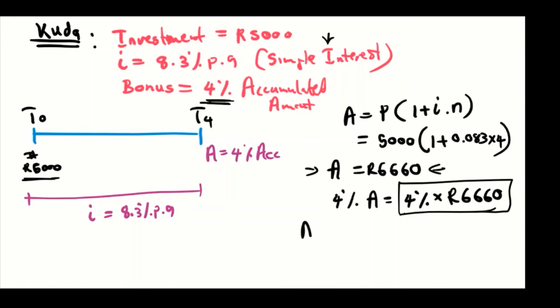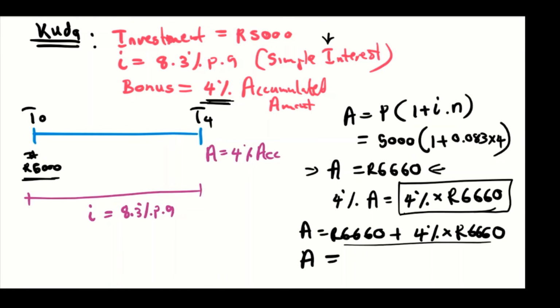So the actual amount is equal to 6660 plus 4% of 6660. You punch this entire value into your calculator, and you're supposed to get 6926.4. So this is the amount that Kuda is going to get from his investment.